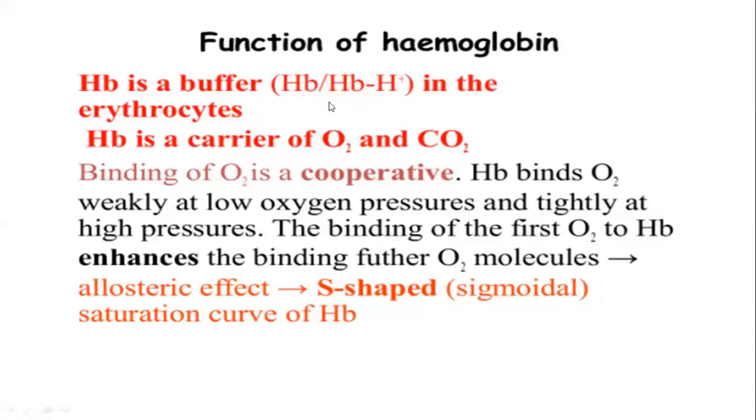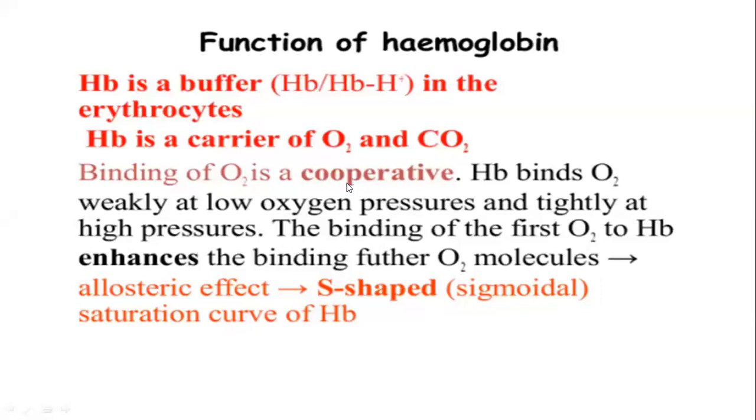Okay, and we know that the binding of oxygen into the hemoglobin is basically described as cooperative. Okay, because hemoglobin binds oxygen weakly, generally at low oxygen pressures. All right, so hemoglobin would tend to bind oxygen so slowly when the oxygen pressures are low. Okay, the binding is pretty slow.